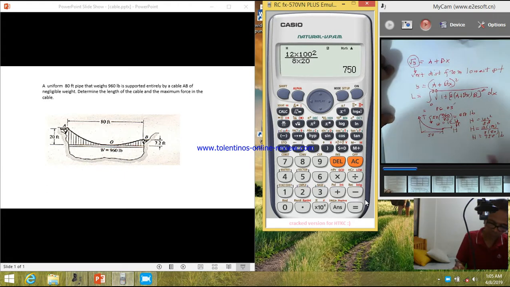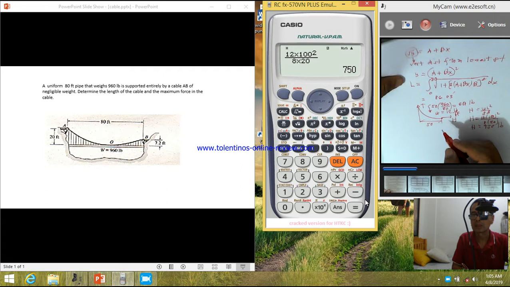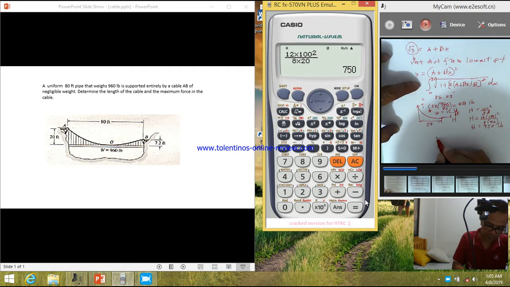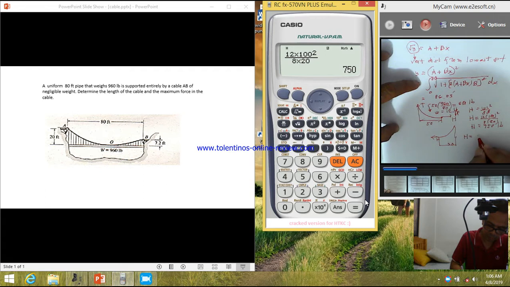Of course, I can consider the other side. This is your H, and this distance is 30. So my H is also equal to W, which is 12, times 60 squared over 8 times D, this time 7.2.